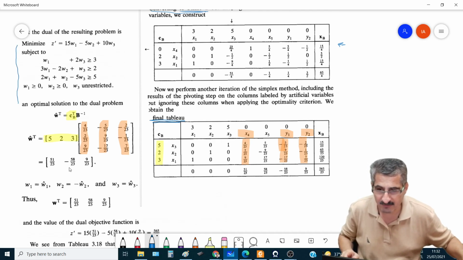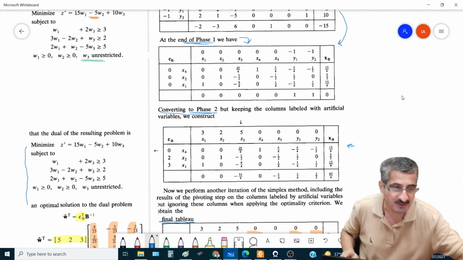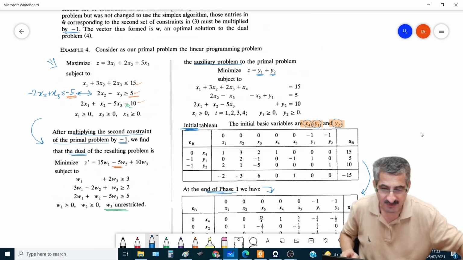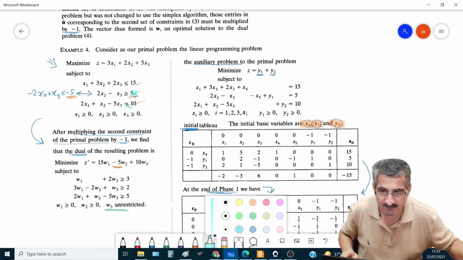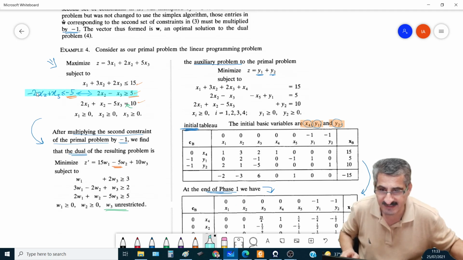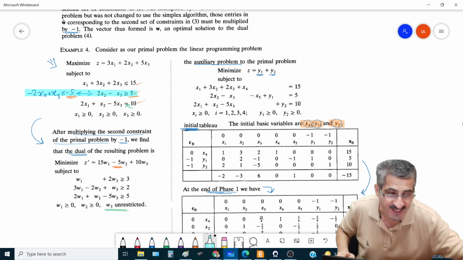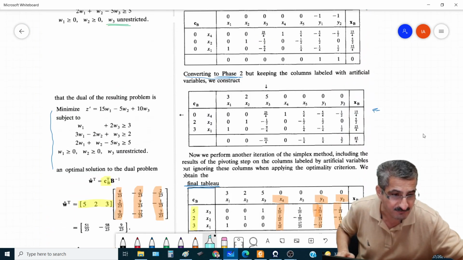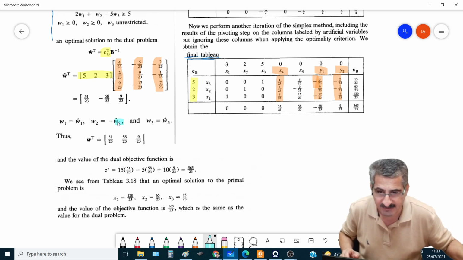Okay. Now, notice that, go back. This is what I wanted to explain. What we have done to this constraint, we multiplied it by -1. It is the second constraint. So we will go to the second variable of the dual problem, the solution, and multiply it by negative 1. So this is W hat.